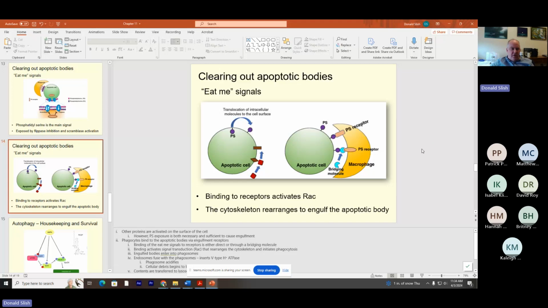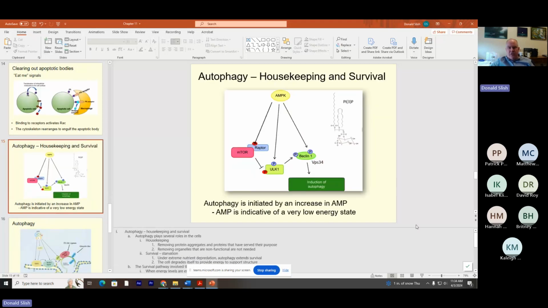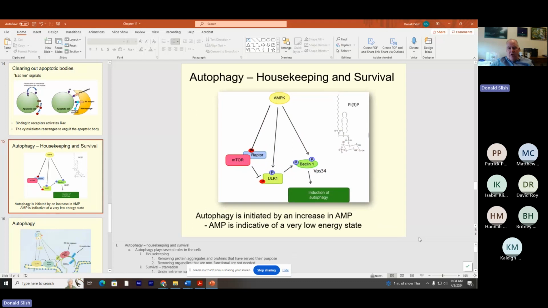All right, so let's move on and talk about autophagy. What is autophagy? Whenever I think about autophagy in cells, I think about concentration camp people, or anyone stranded where there's no food.